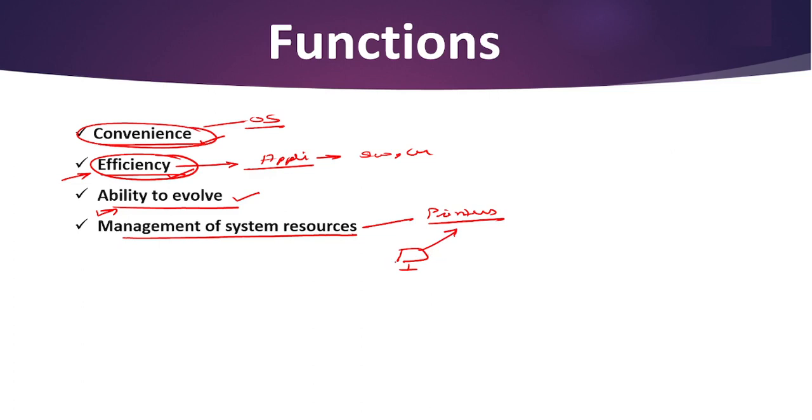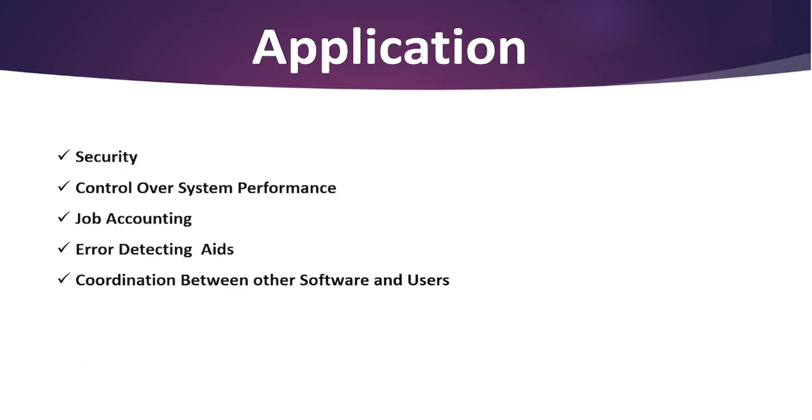Now, if I want my printer to be connected with some other computer system, then it allows us to share the resources. So the operating system always guarantees that resources, meaning printers and other devices, are shared fairly among various processes and users. So all these are the important functions of an operating system.